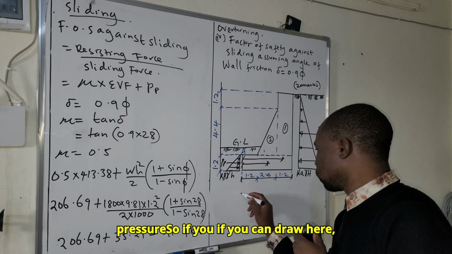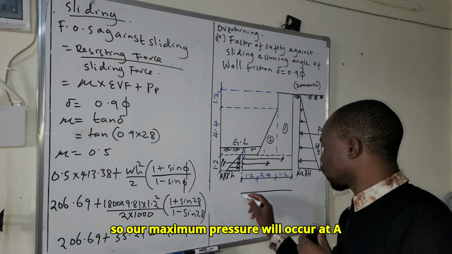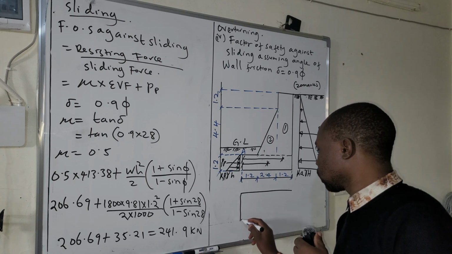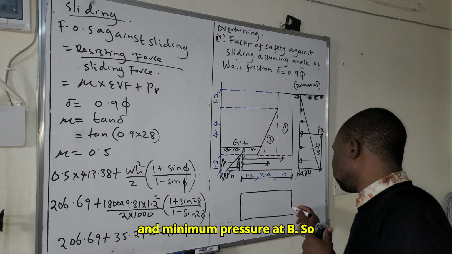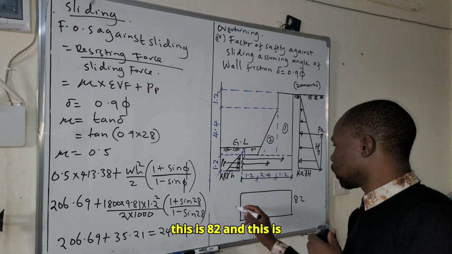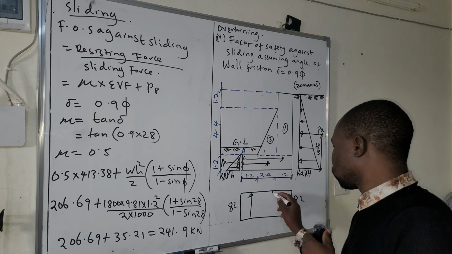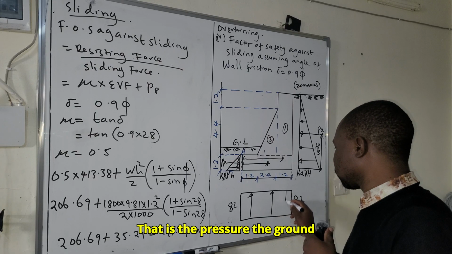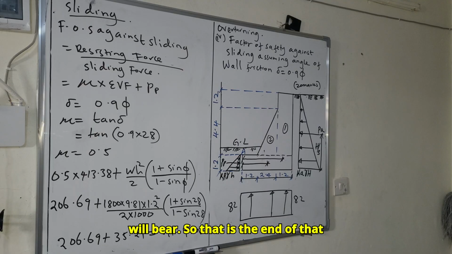So if we can draw here, our maximum pressure will occur at A and minimum pressure at B. So this is 82 and this is 82. So that is the pressure the ground will bear. So that is the end of that question.